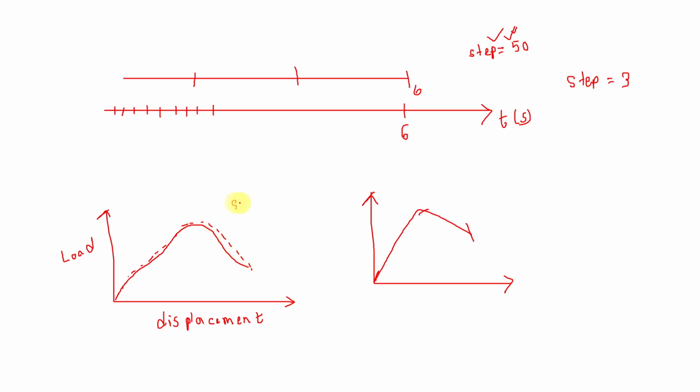Okay, this one is for step equals to 50. This one is step equals to 3. So that means if you increase step number, the graph will be smoother.